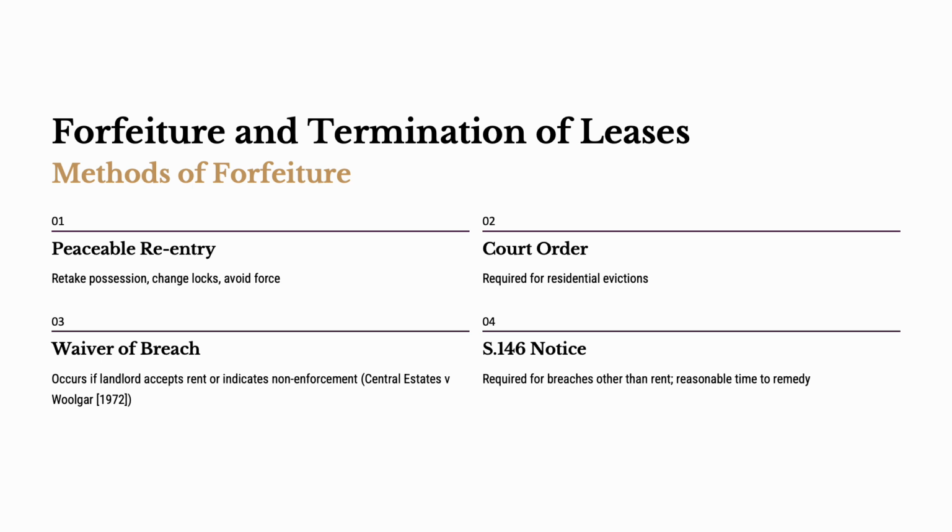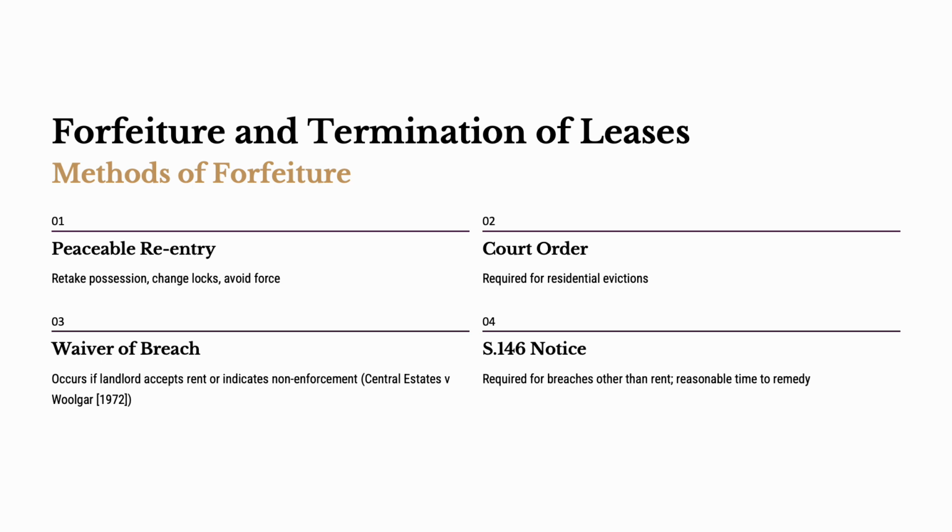If the landlord accepts rent or otherwise treats the lease as continuing after learning of the breach, they waive the right to forfeit at that point. The case of Central Estates Limited from 1972 established that accepting rent with knowledge of breach waives forfeiture right. Like, you have accepted, you have condoned it, like, you want to go with it.